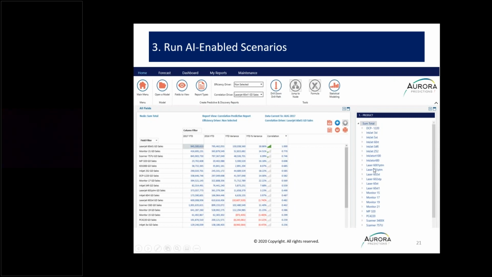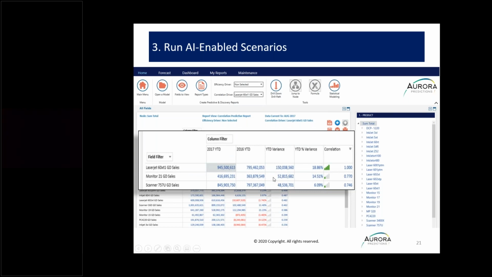And here are all our other products here in the drill path. And we're going to see when we blow this up that there are two products that are correlated with our LaserJet 60 XT1. And that's the Monitor 21 and the Scanner 757U.